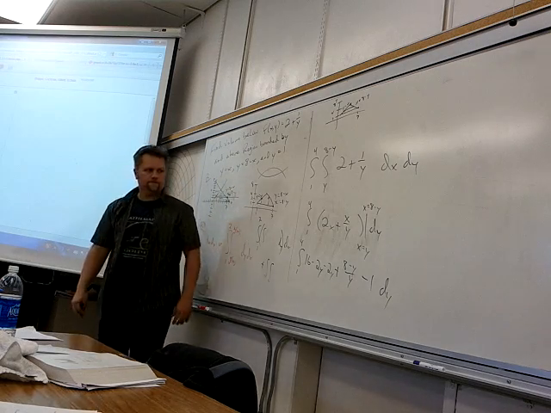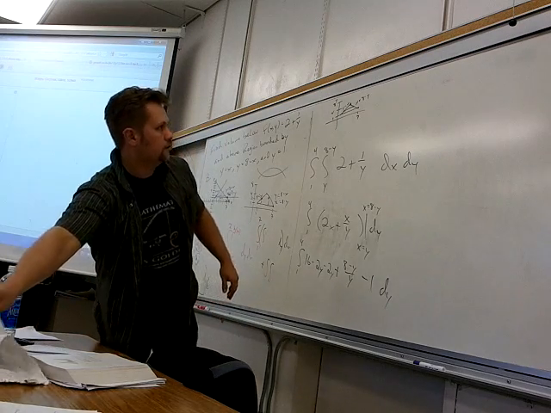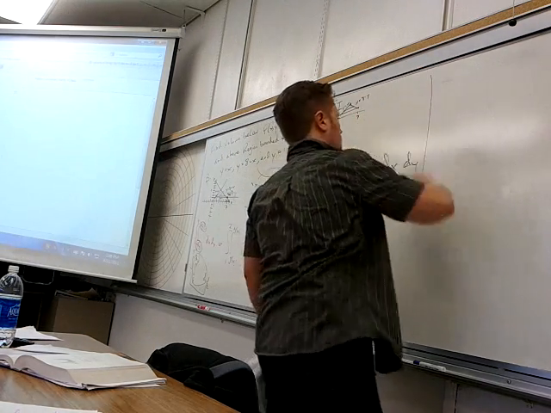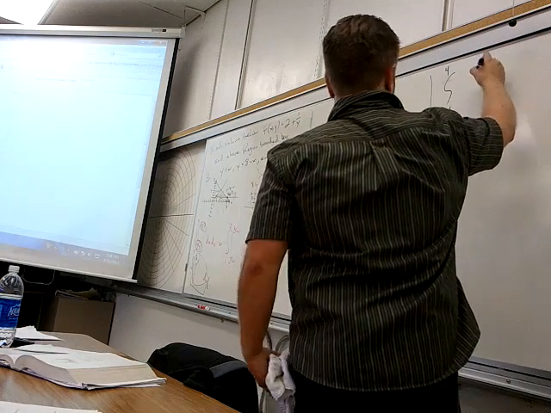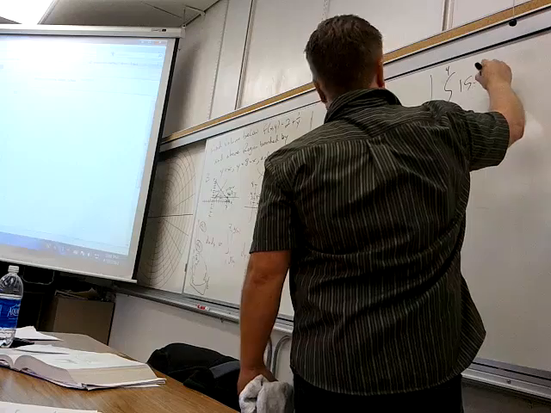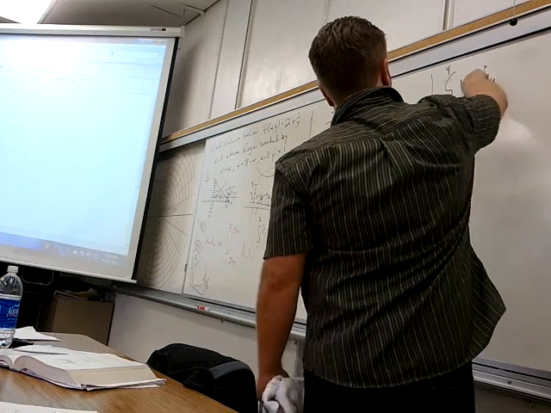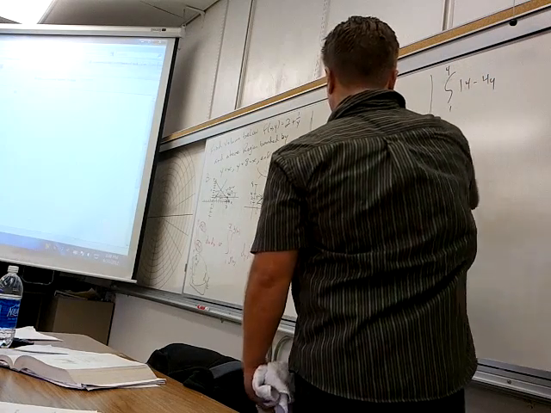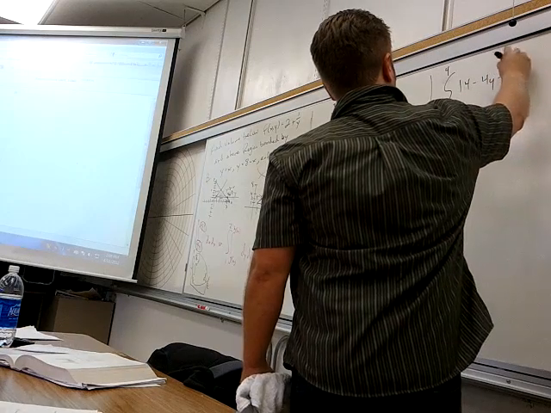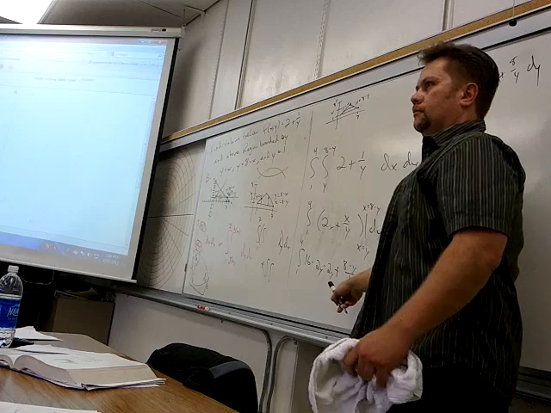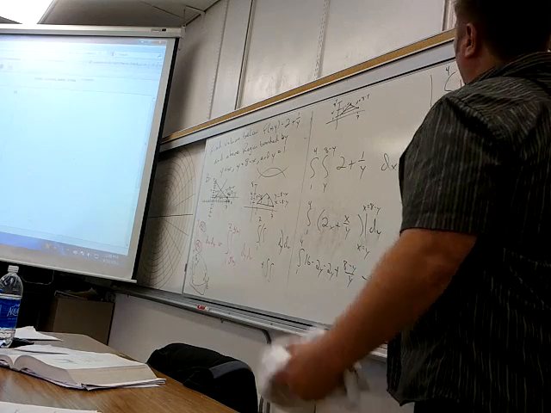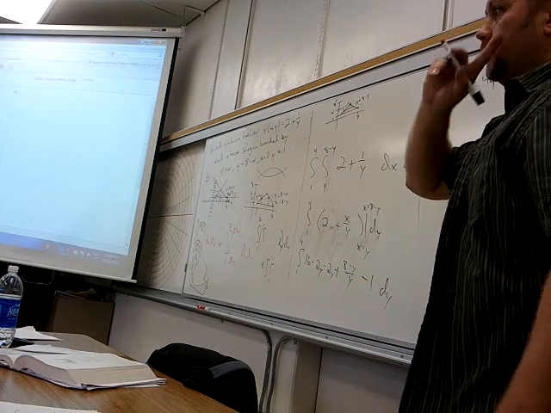So I get 14 minus 4y plus 8 over y. Is that cool? Just picking off this minus 1. Okay, and then integrate that, and then you'll be done.